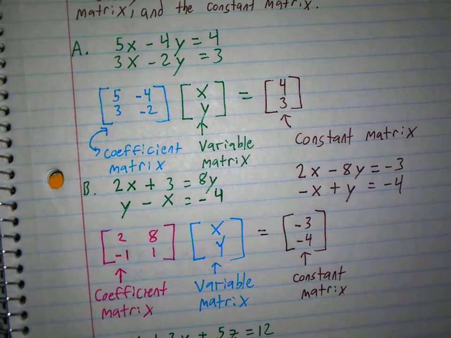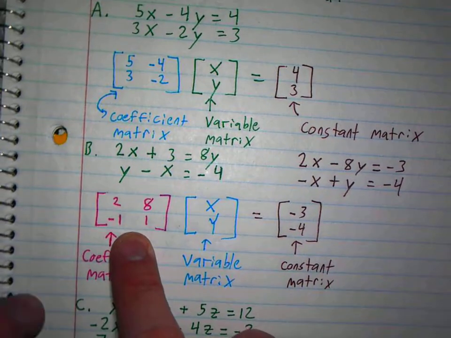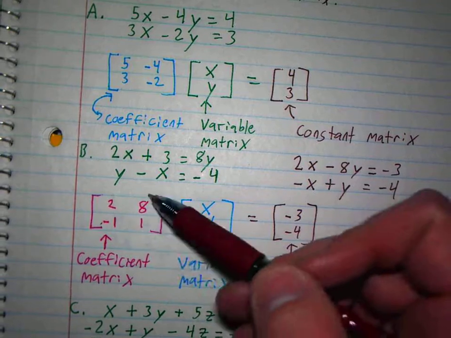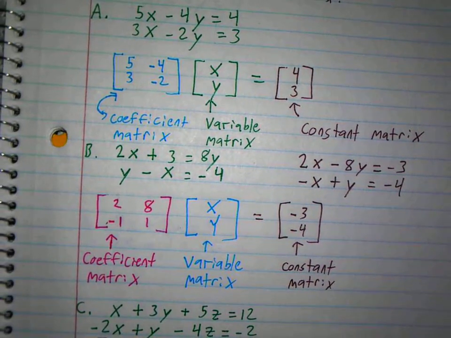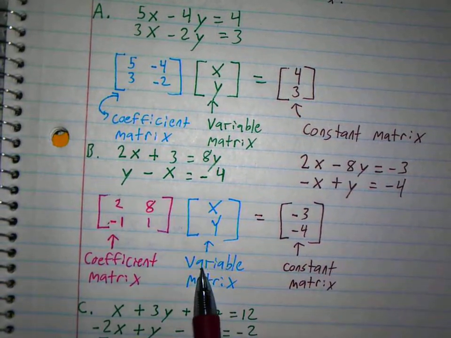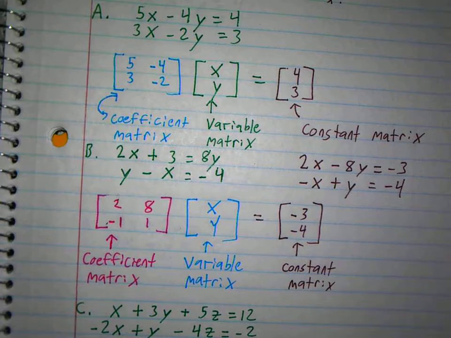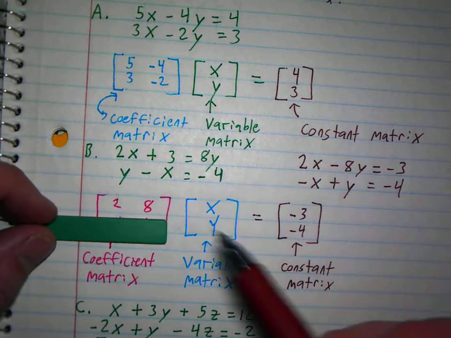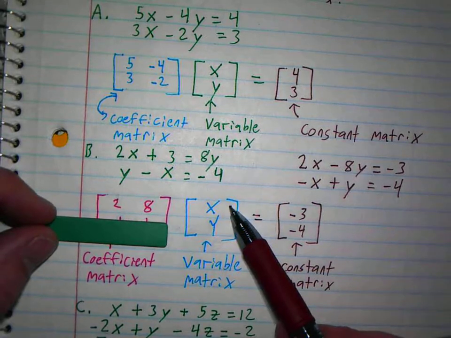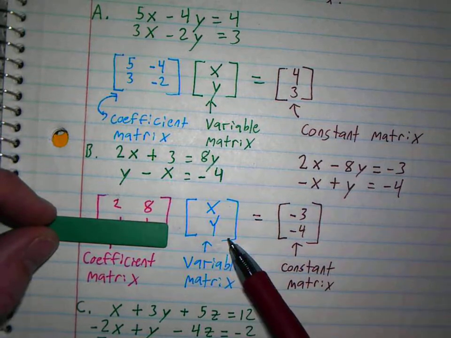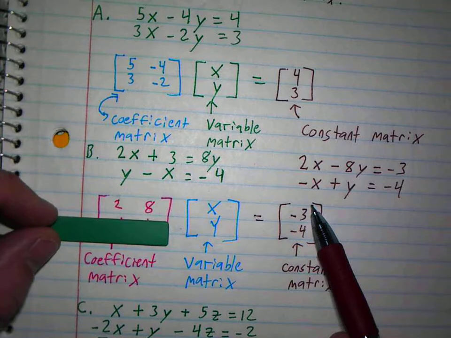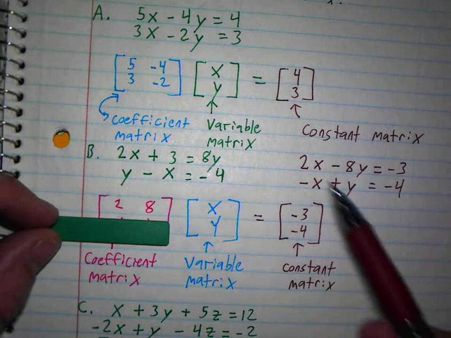Now, before we move on, it's important to talk about why this works. Remember, when you multiply two matrices, the number of columns here has to equal the number of rows, right? And you take row times column. So if you think about it, if I cover up this row, it's 2 times x plus 8 times y equals -3.